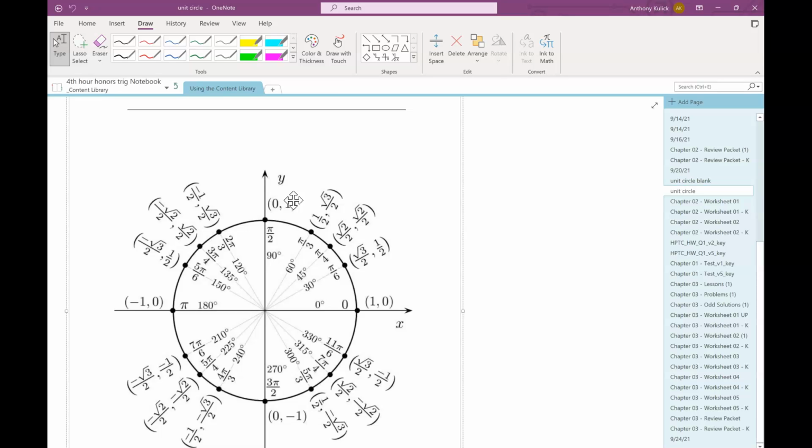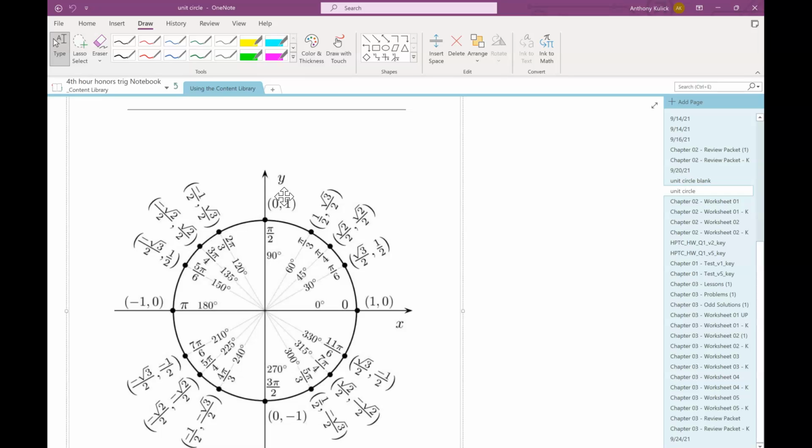So the coordinates on the unit circle are actually the values of sine and cosine at that value of theta. So cosine of 90 is just going to be the x-coordinate. This is where we built to. Is that what you're asking?